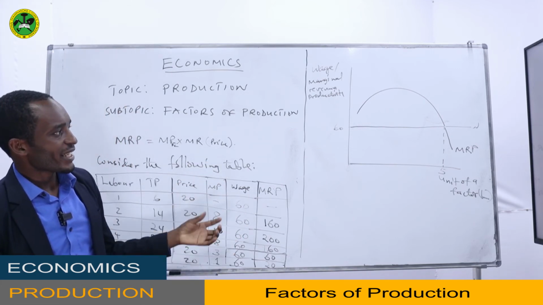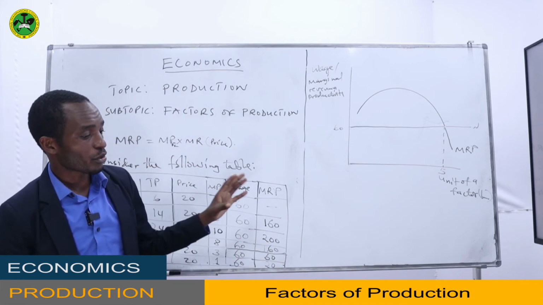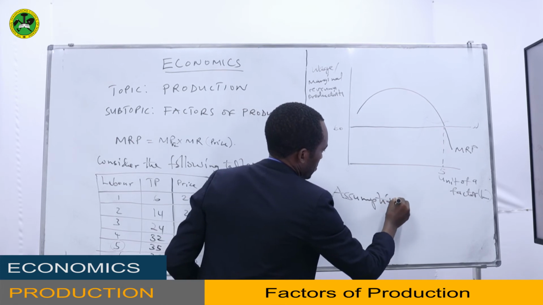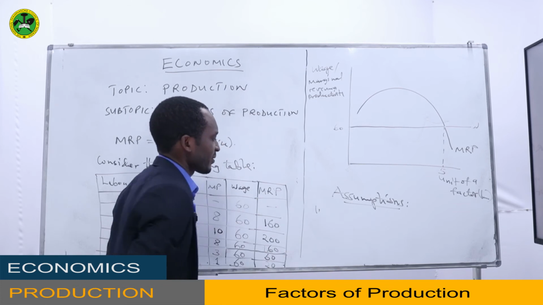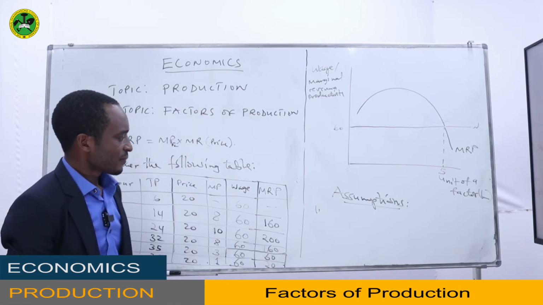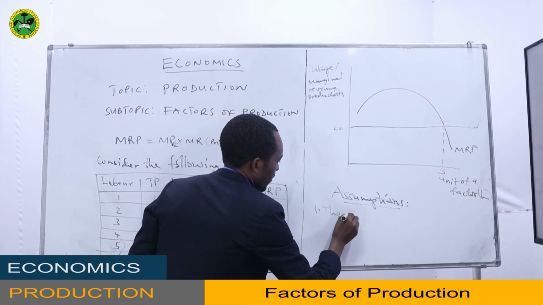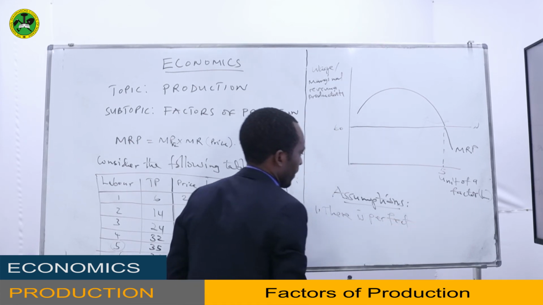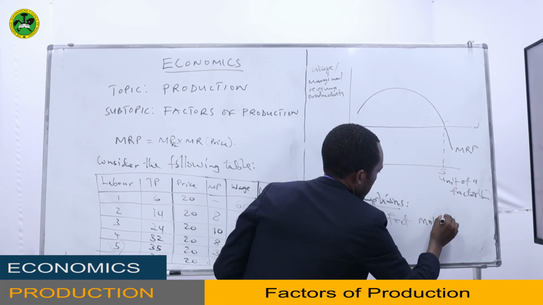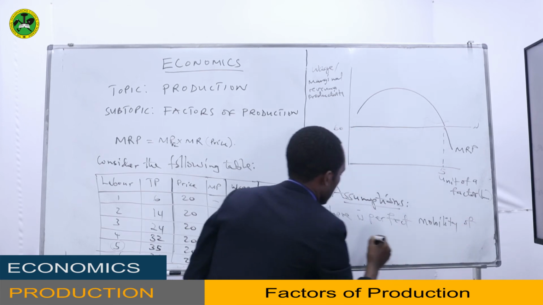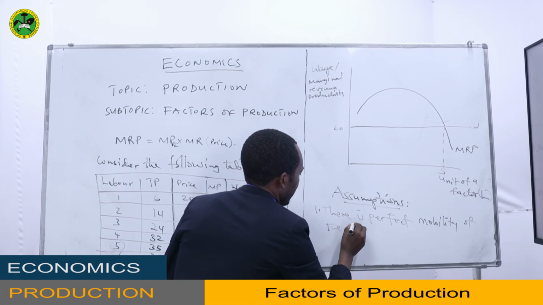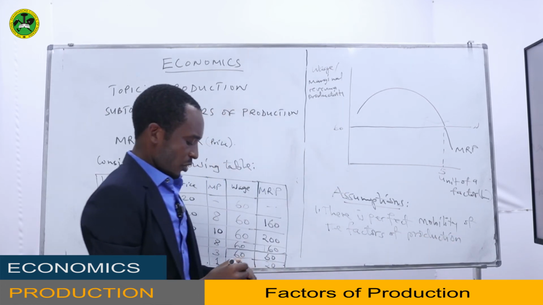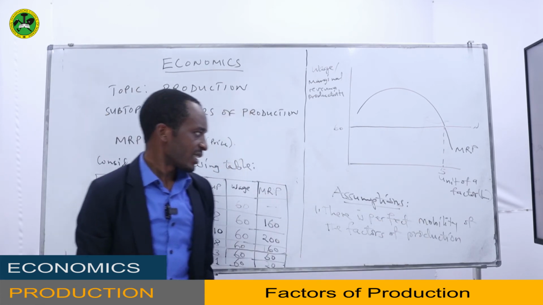So there are some assumptions you need to consider in order for this theory to work. The assumptions: number 1 is that we assume there is perfect mobility of the factors of production.